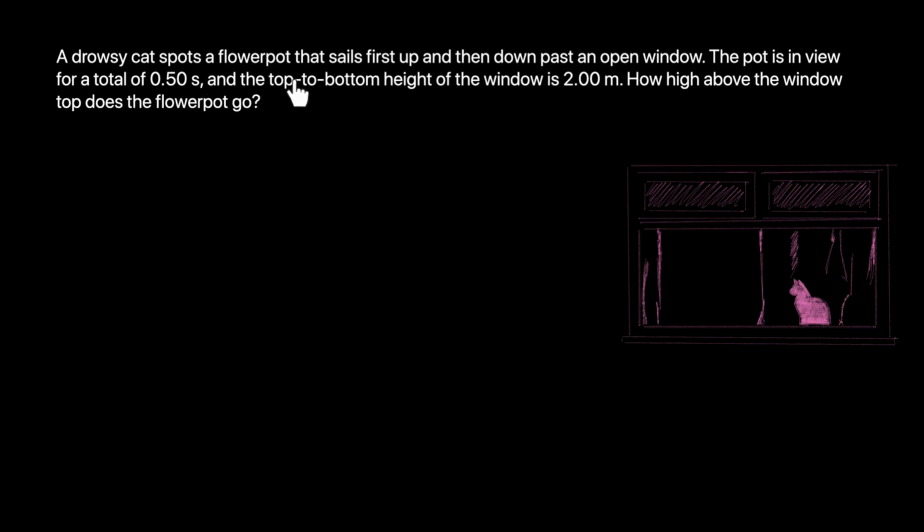A drowsy cat spots a flower pot that sails first up, then down past an open window. So there's a cat sitting at the window, and what he sees is a flower pot which goes up. So this is our flower pot. It's going to go up, and then comes back down.